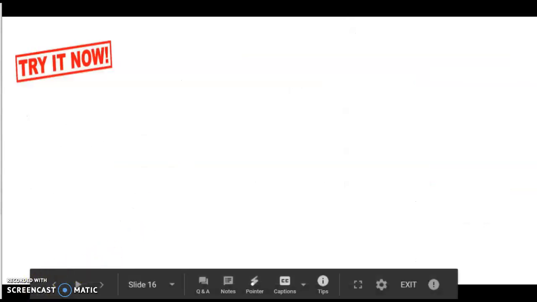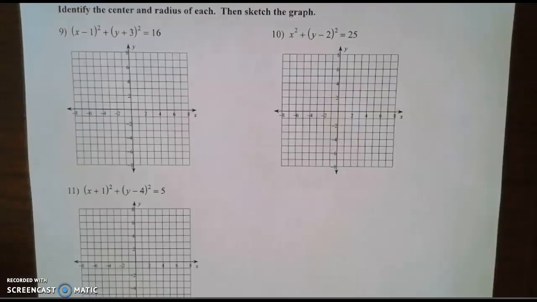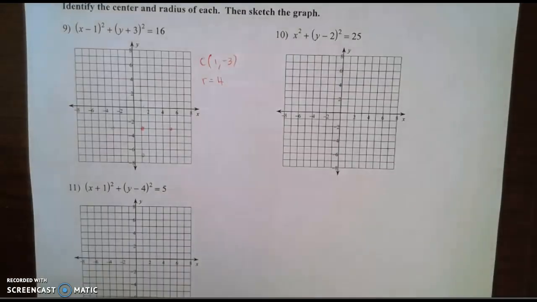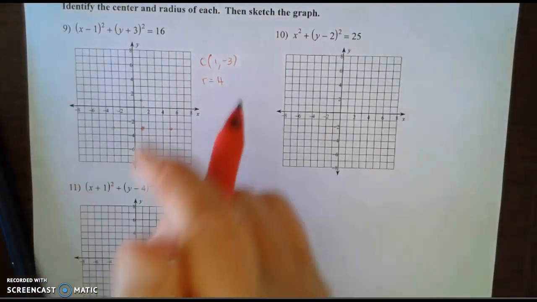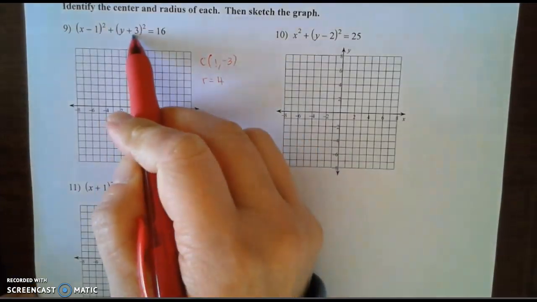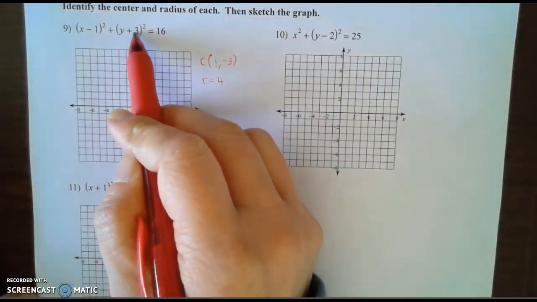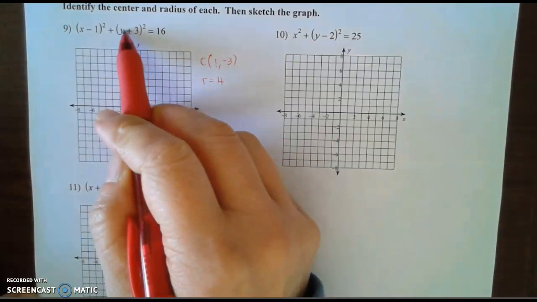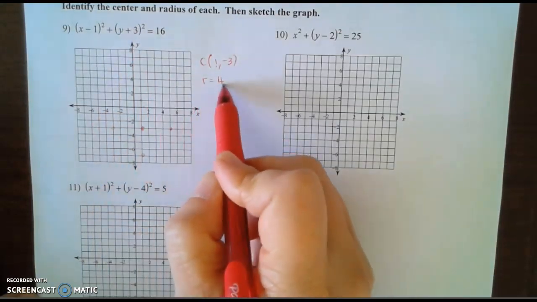Okay, this is your turn. I'm giving you 3 problems, 3 equations of a circle, and I'm going to ask you to graph it. So please pause the video and try it yourself. I will quickly demonstrate the first one again. I figured out the center to be 1, negative 3, reversing the sign for the y value here because this is positive, not negative, and r is 4.